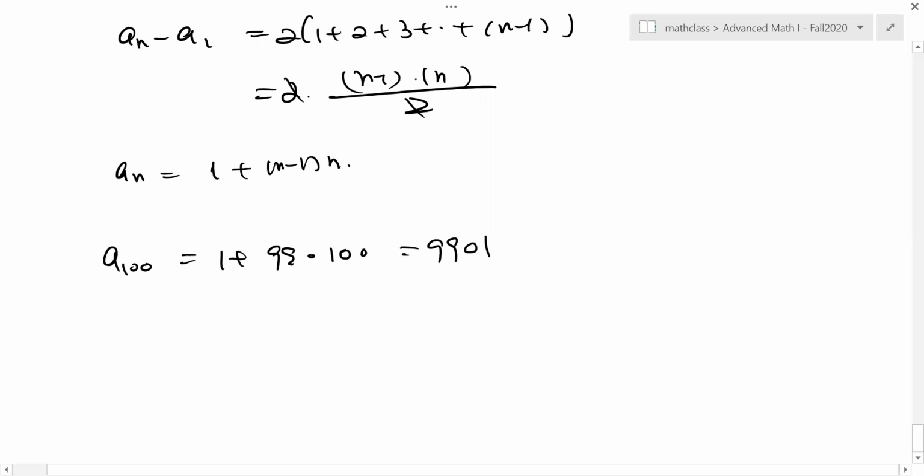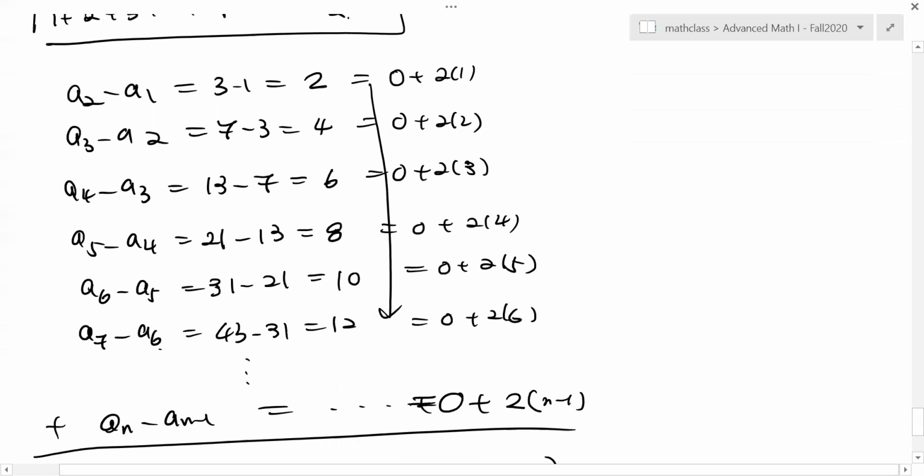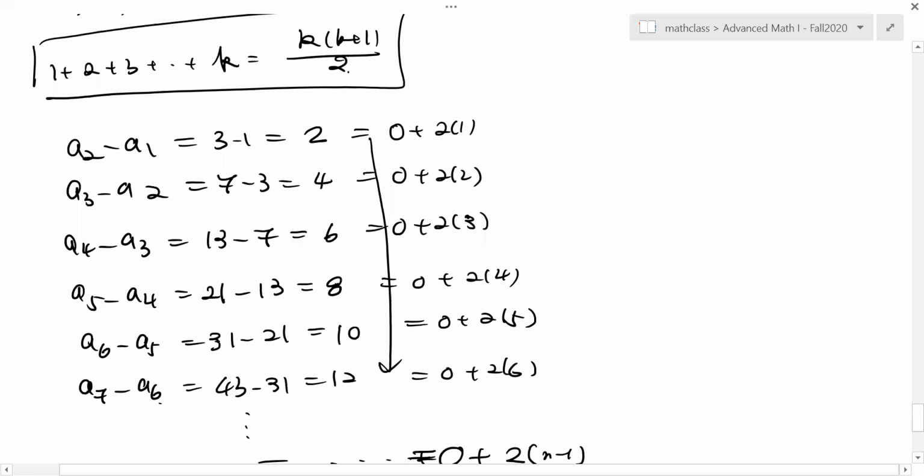Why do you need to add the 0? Okay, for convenience, that's a good question actually. I want to begin with, every time I add a 2, so I begin with 2 times 1. So I don't need to say 0.